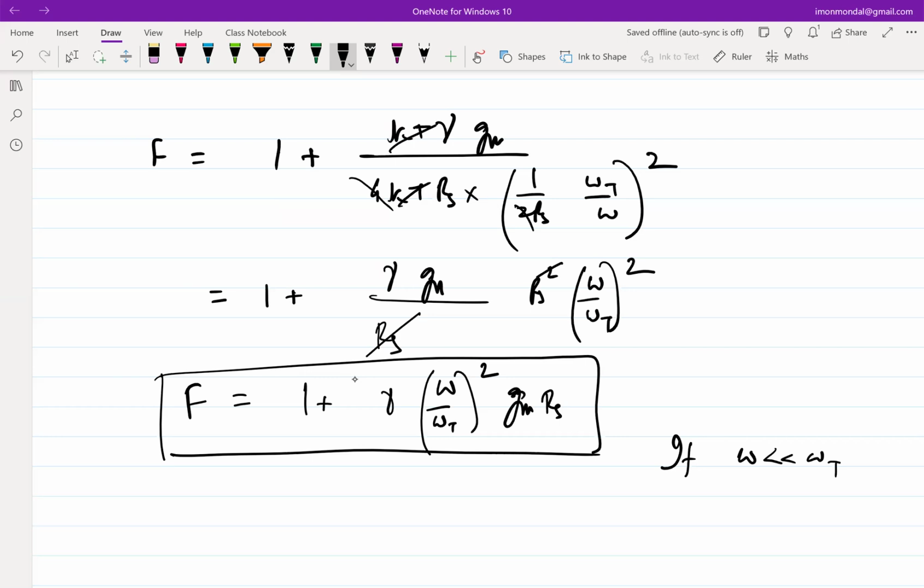But let's say your omega t is 100 gig and you are trying to make a 30 gigahertz circuit, then omega by omega t is 0.3, squared is like 0.1 approximately. So it probably might not be too wise to do this type of configuration blindly.